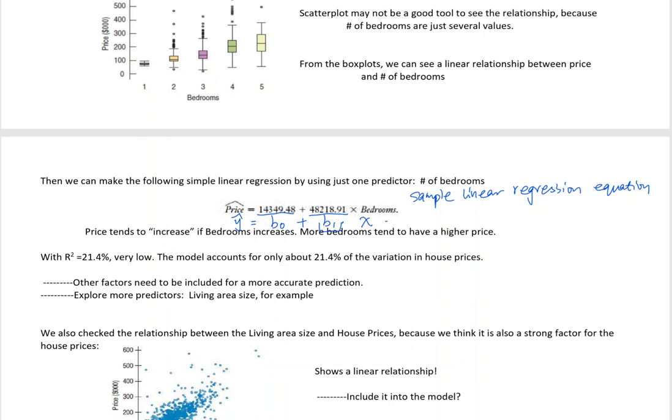This is our common sense: if a house has more bedrooms, then the house price should be higher. Since this b1 is positive, when the bedrooms increase, the price of the house will also increase.